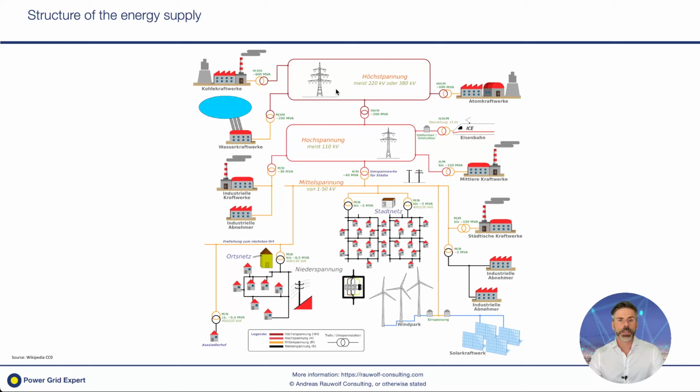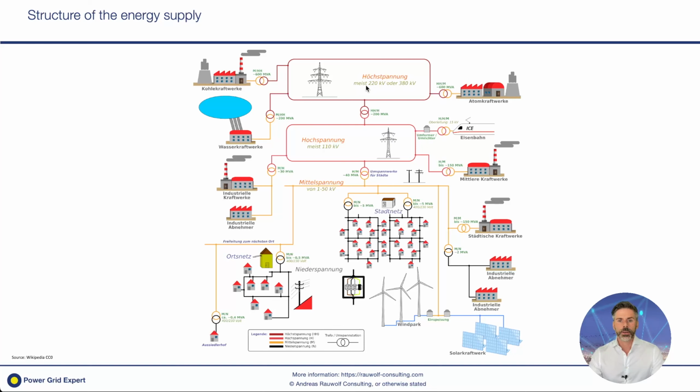In general, we can say every transport of energy via cables, via overhead lines has losses. And of course, we want to reduce the losses. And the higher the voltage, normally the lower the losses.